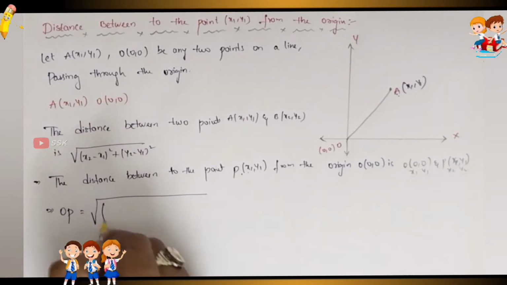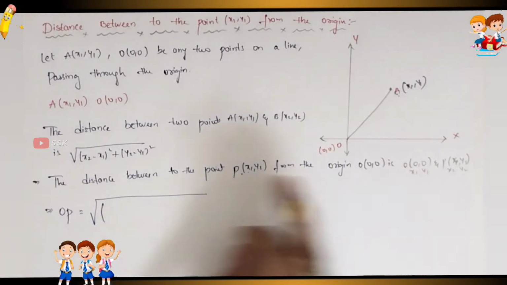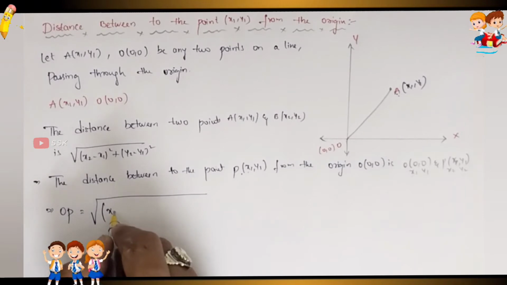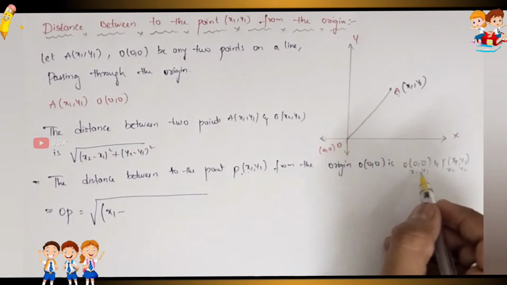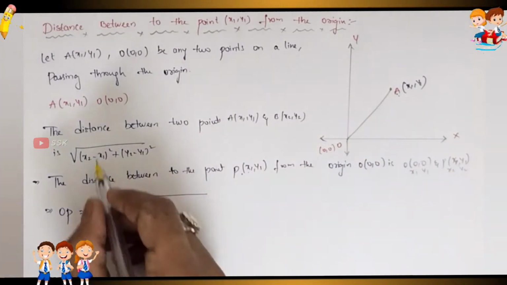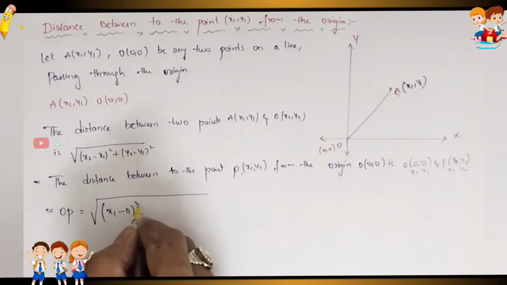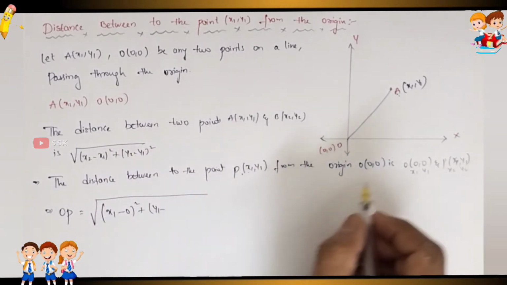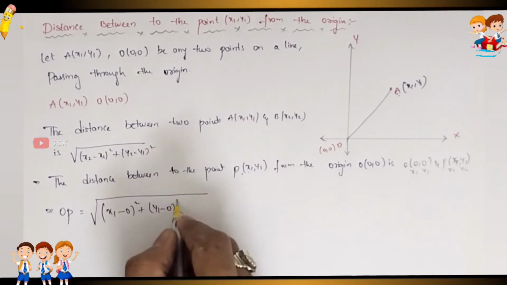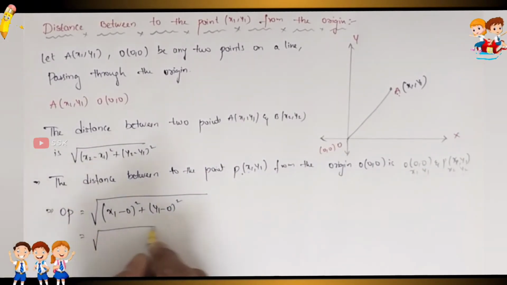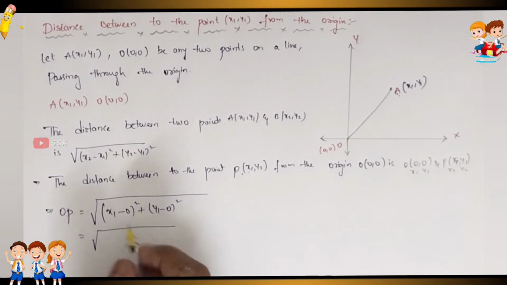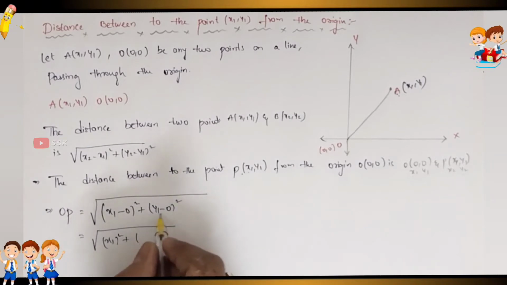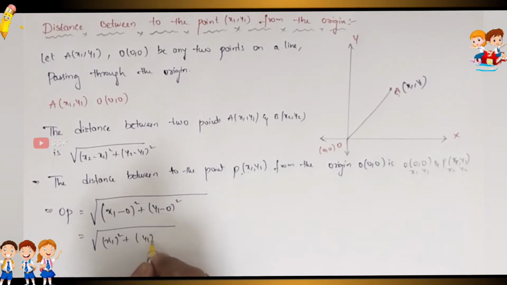Now for OP, what is x2 here? x1 minus 0, where 0 is the origin's x value, whole square, plus y1 minus 0 whole square. Therefore, square root of x1 minus 0, which is x1, whole square plus y1 minus 0, which is y1, whole square.